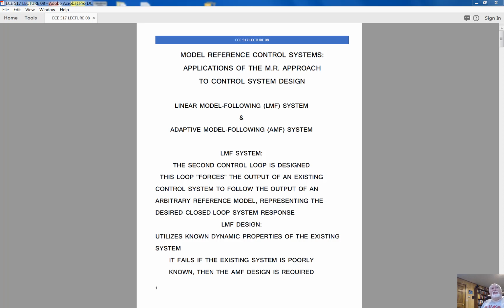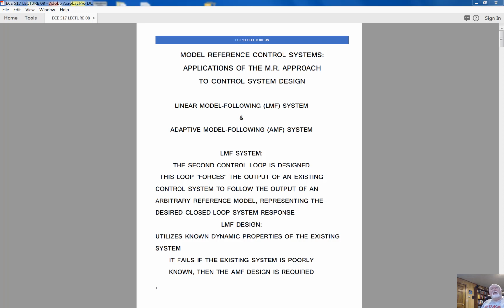And only at the second stage of this design we introduce the reference model. A reference model is consistent with the design specifications, and then we design additional circuitry that would enable or force our designed system to follow the reference model.